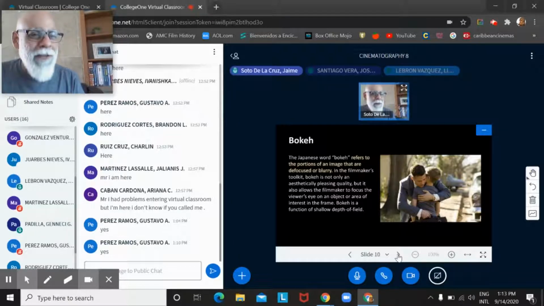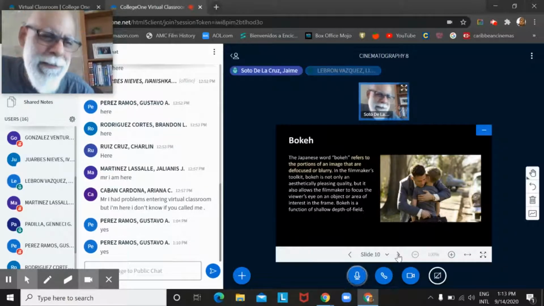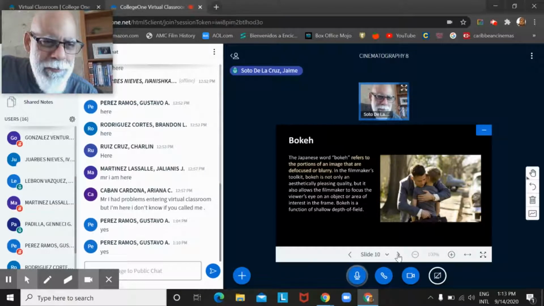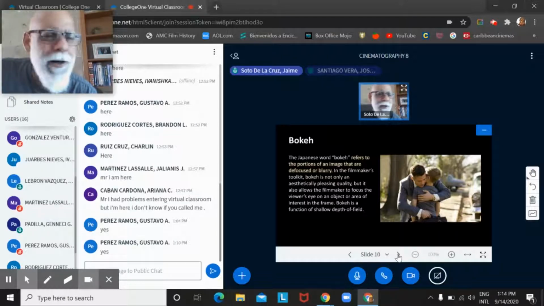Well, we're going to be talking about depth of field in a moment. This is considered visually pleasant. This is considered beautiful. Why? Because it is natural. This is how you see. Remember the experiment that we did a few weeks ago with your finger? Same thing here.